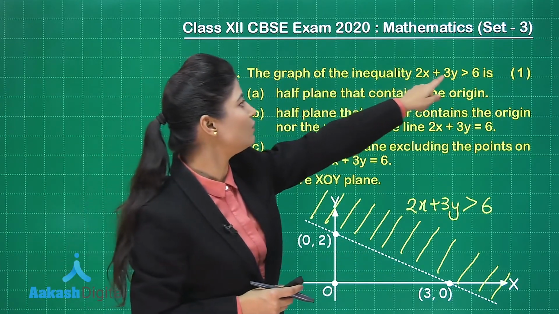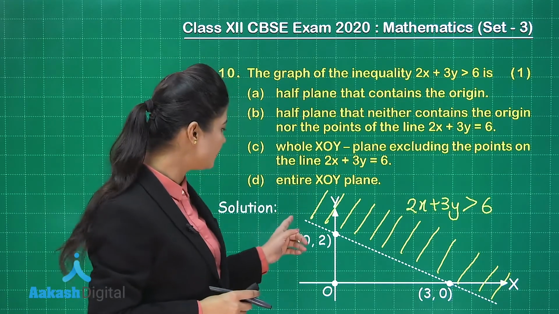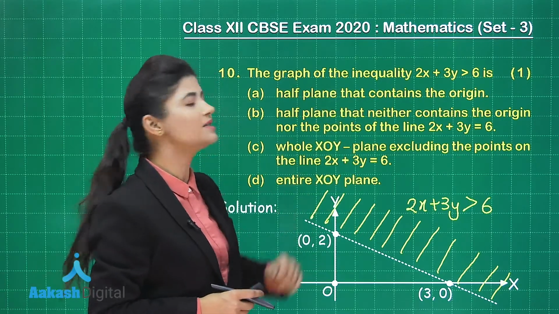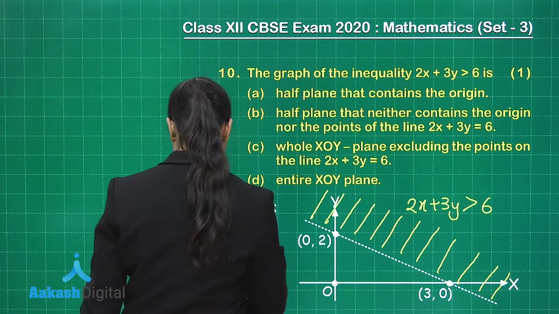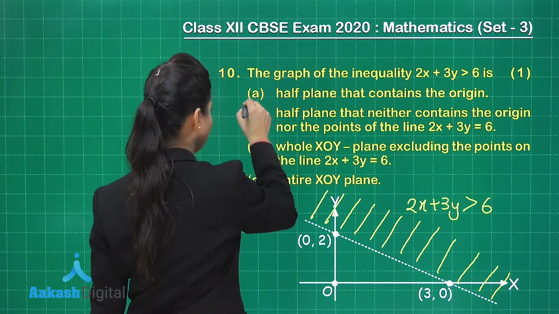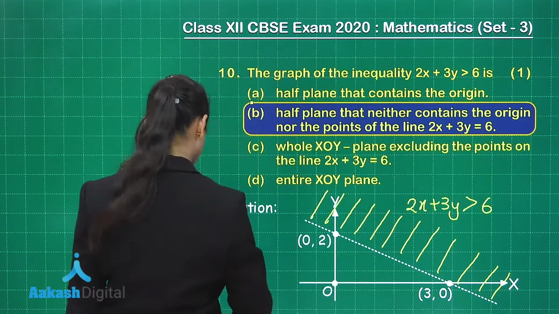Because this inequality is greater than, this is not greater than or equal to. So the points lying on this line 2x plus 3y equal to 6 will not be part of the graph of this given inequality. So this is totally correct. That means we have obtained the required answer, which is option B. So you can definitely mark your required answer as option B for question number 10.